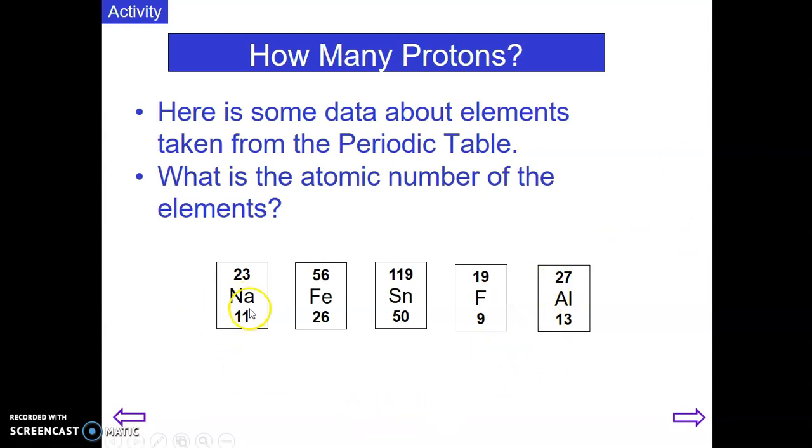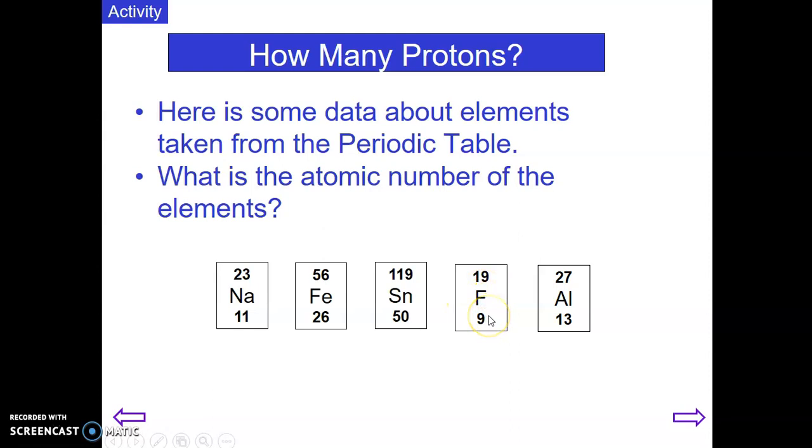So, sodium, smaller of the 2 numbers is 11, that's the atomic number. That means an atom of sodium has 11 protons and 11 electrons. Iron, smaller of the 2 numbers is 26, so that's the atomic number. That means it has 26 electrons, 26 protons. Tin, smaller of the 2 numbers is 50. That means it has 50 electrons, 50 protons.